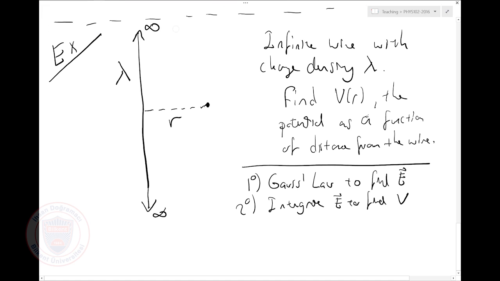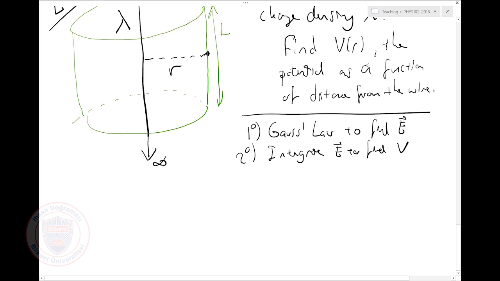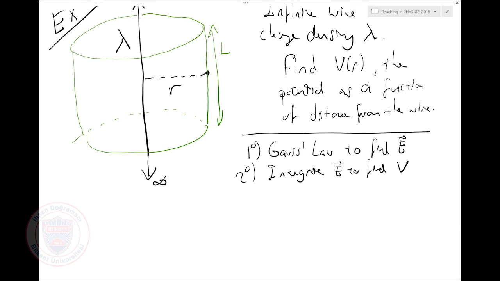Right? Now, how do I use Gauss's law for this problem? What kind of symmetry does this system have? It has cylindrical symmetry. So I immediately take a Gauss surface, which is a cylinder. The radius of the Gauss surface is r, and let's take the height to be L. Now, we have to calculate the flux through this Gauss surface.